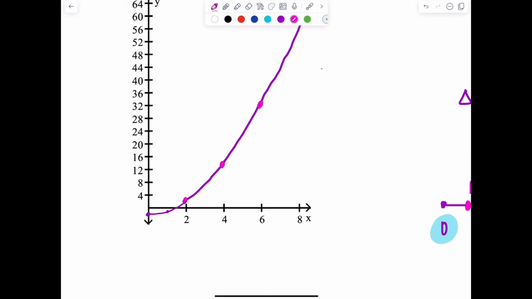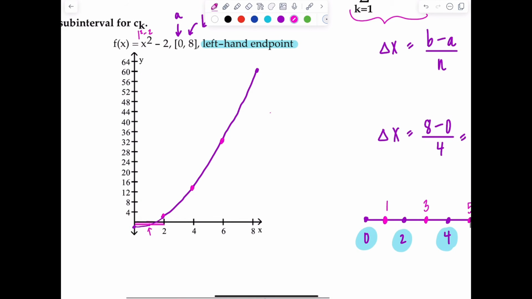So the first rectangle's height is going to be down there. Okay, that's at 1. So area 1, delta x is still 2, times f of 1. F of 1, 1 squared minus 2, is -1, so 2 times -1, -2.